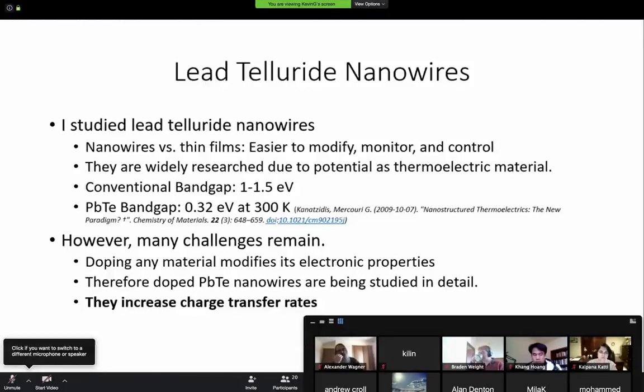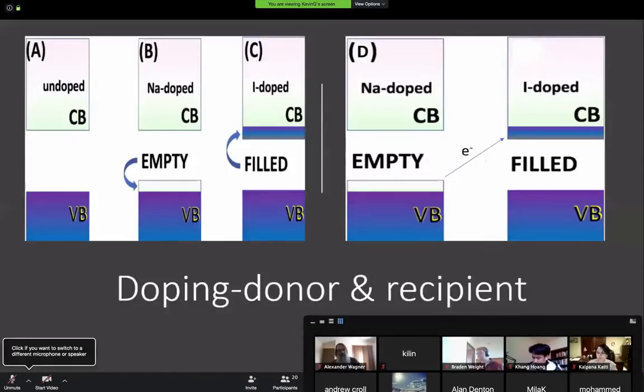So that's the reason I'm looking at doped lead telluride nanowires. I need to go into the specifics of the doping process and how it occurs.